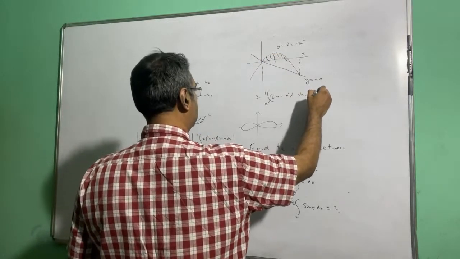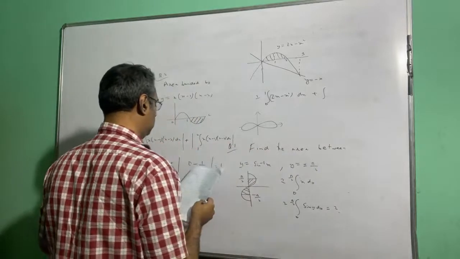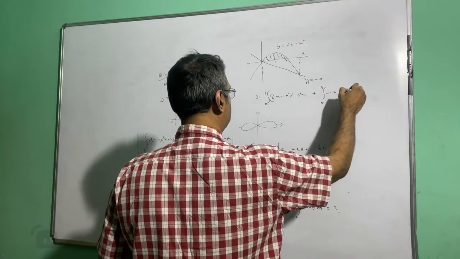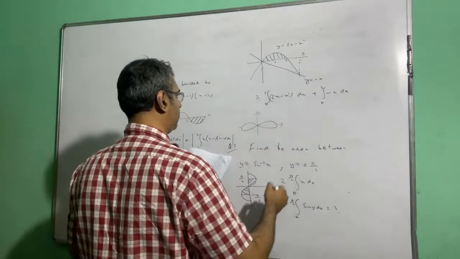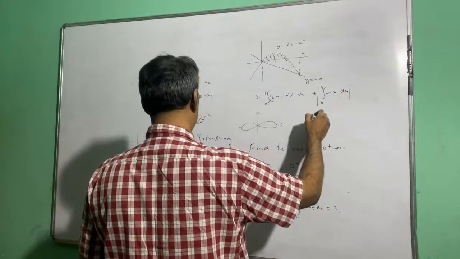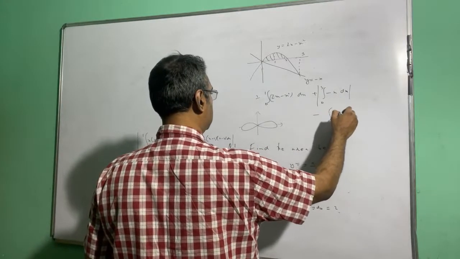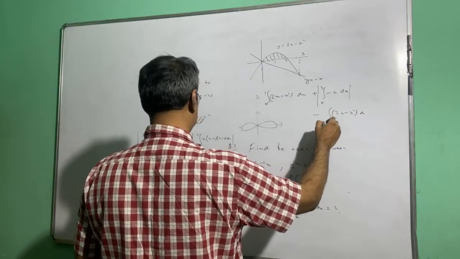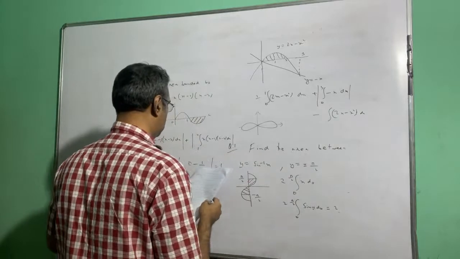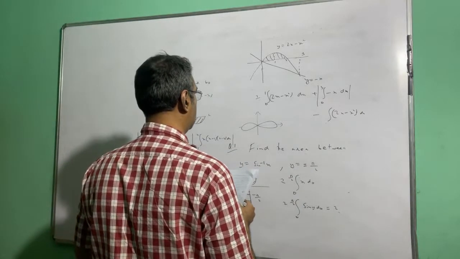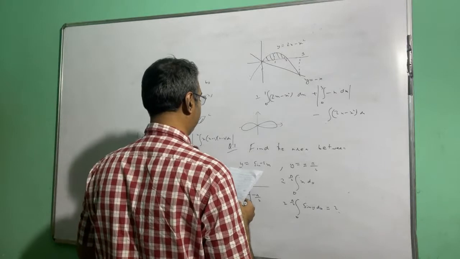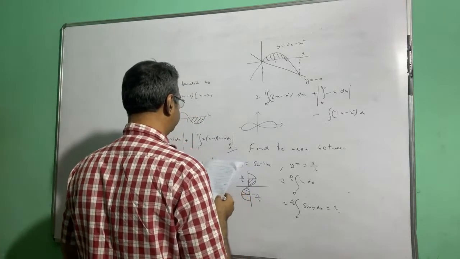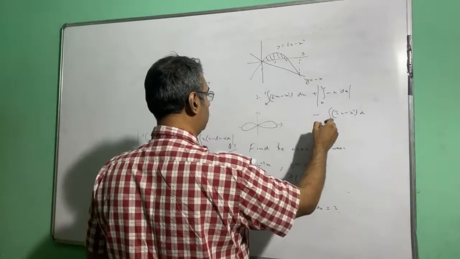Then next you take 0 to 3 of the straight line, that is minus x dx, but you take mod because it will be negative, and then you subtract the parabola from 2 to 3.